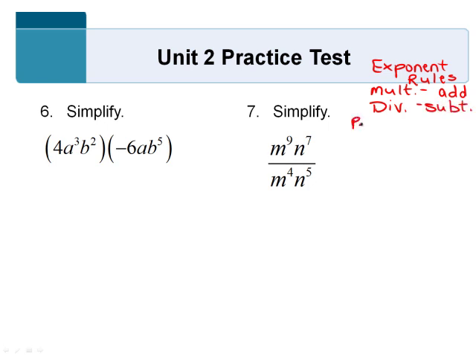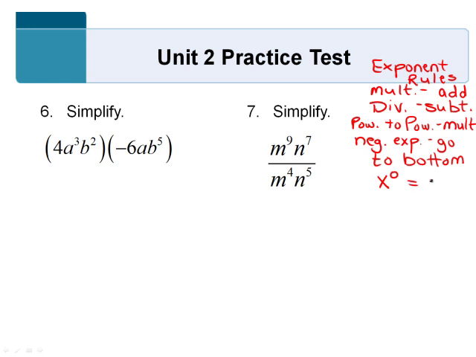If you raise a power to another power, you multiply the exponents, okay? Let's see what else. Negative exponents, they have to go to the bottom to become positive, so you're going to write it as a fraction, okay? And if it's negative on the bottom, it has to go to the top. And the last thing is anything to the 0 power equals 1.